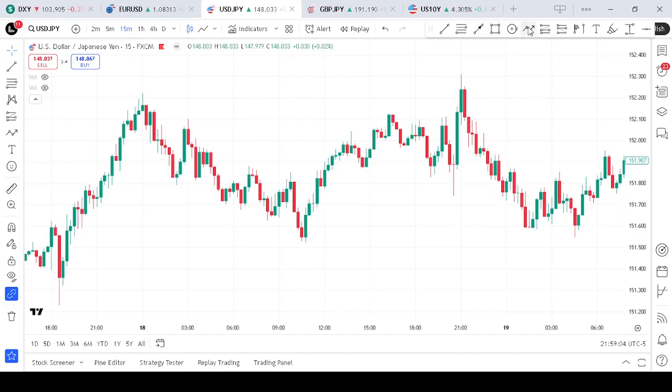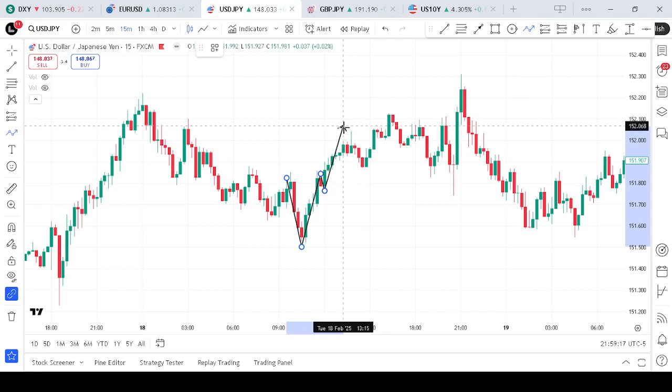As you can see in this area, after the pullback, it pulled back a little before it continued in its upward direction, as you can see from my chart. This makes price pull back slightly before making another upward move to complete the formation.